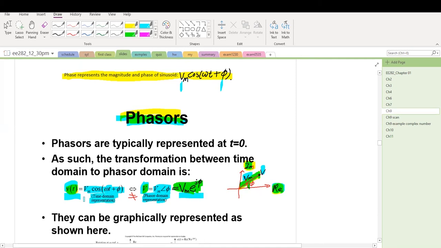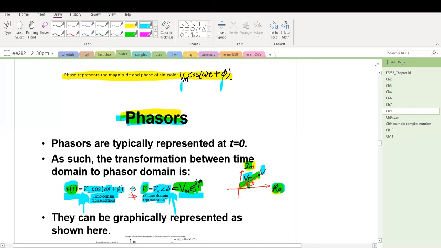These two signals here: this is a signal in the time domain, and this is a signal in the frequency domain, or phasor domain. They are not equal. That's why you can see a double arrow here. They correspond to each other.